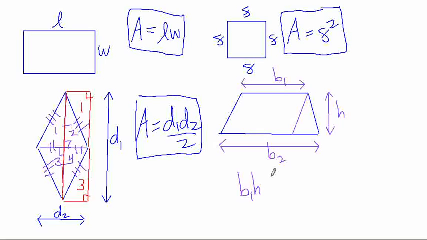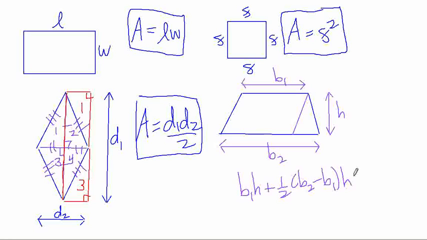The area of a triangle is 1/2 base times height. The base of the triangle in my picture is the difference B2 minus B1. So 1/2 base times height becomes 1/2 times B2 minus B1 times h.